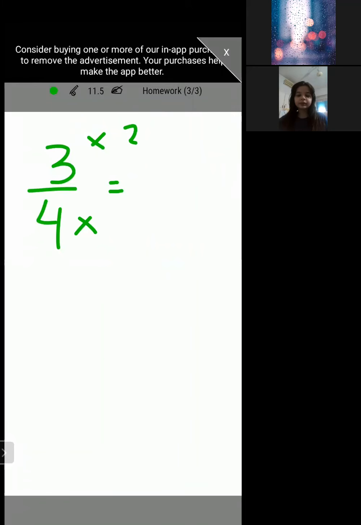Let's suppose we are going to multiply it by 2. Sorry, let's multiply it by 7. 3 sevens are 21, and 4 sevens are 28. Multiply both the numbers by the same number to get the equivalent fraction.